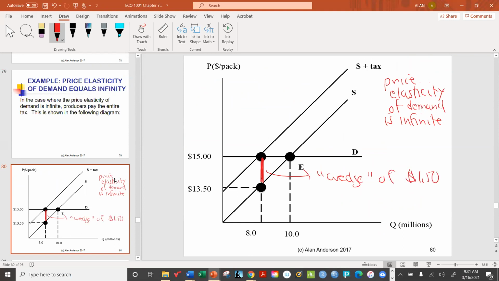If you notice at the new intersection of the supply and demand curves, the seller is still collecting $15 a pack, but they're paying the tax. So you know what that means?